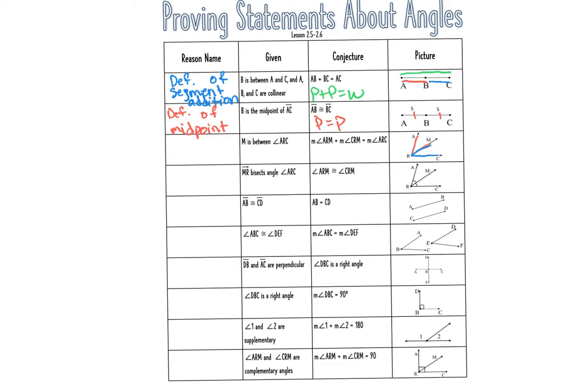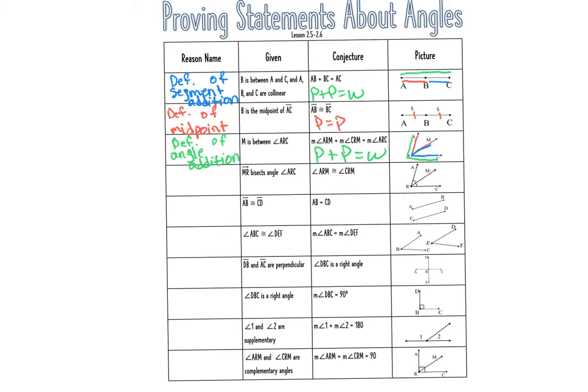And then we have equals the measure of angle ARC, which is the whole. So you should be thinking, again, this is a part plus part equals whole type of ordeal. And we know that this is true by definition of, not segment addition, but this time angle addition, because we're adding angles this time.